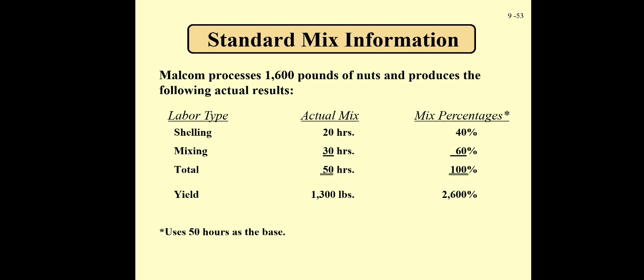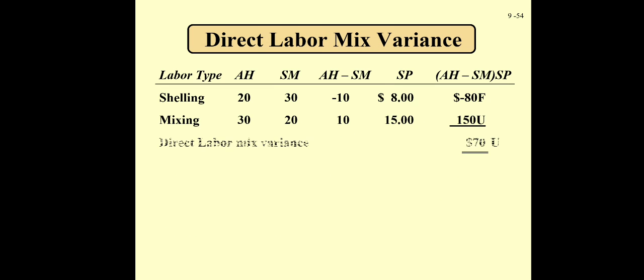Use 50 hours as the base. Okay, this is the direct labor mix variance. The total is $70 unfavorable.